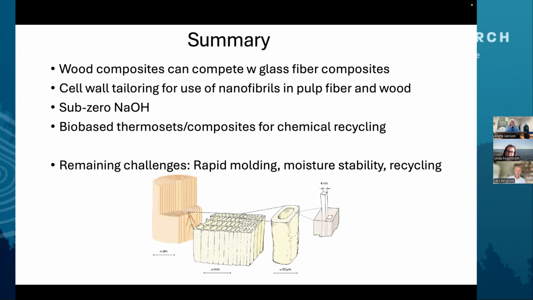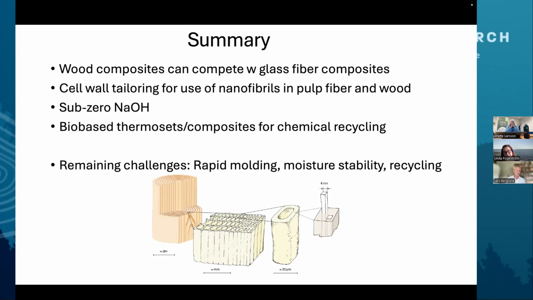Peter Olsén has also worked on acetic acid, which is a benign swelling agent. But I think this is really the key for using pulp fibers and being able to have them accessible for modification also in the interior.